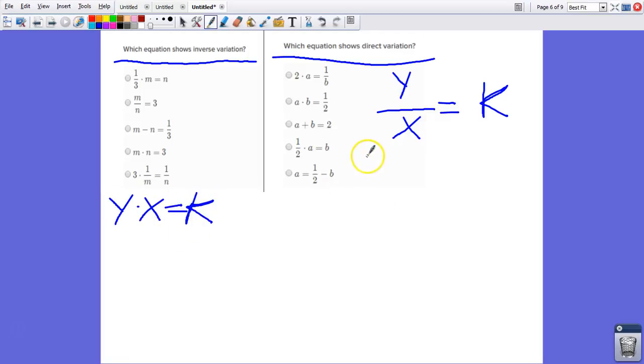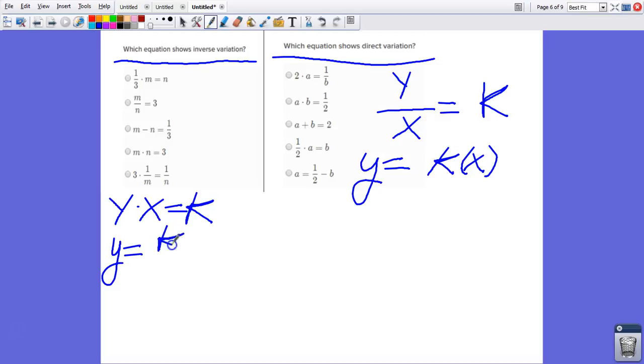And remember, this is because over here, y equals k times x. So if we solved for y, we would have to divide by x. And over here, y equals k over x. So if we solved for k, we would have to multiply by x. So that's how that works.